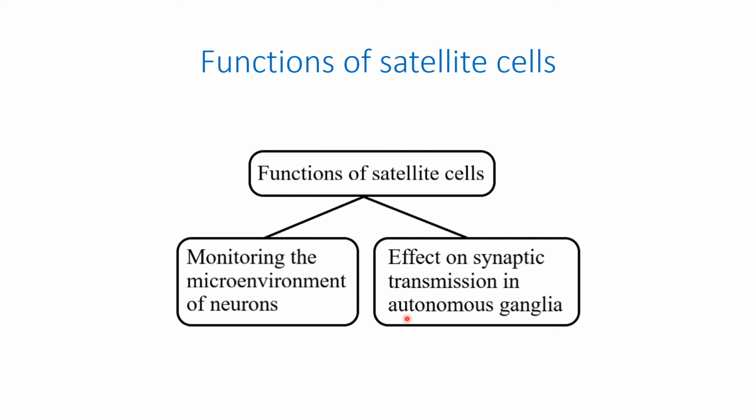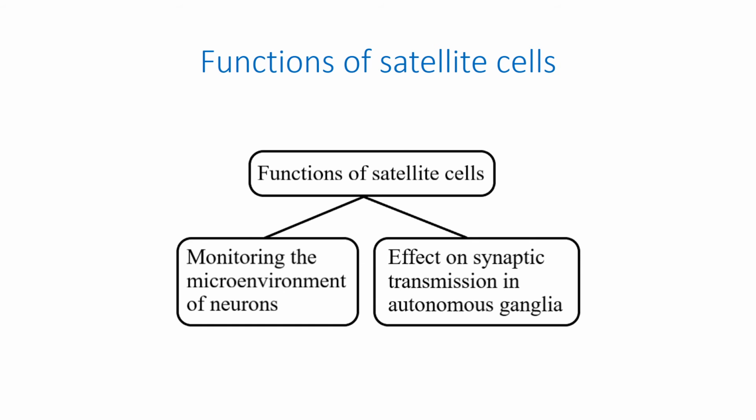Effect on synaptic transmission in autonomous ganglia. The difference between the sensitive and autonomous ganglia lies in the fact that the latter has not only bodies and processes of neurons, but also chemical synapses.